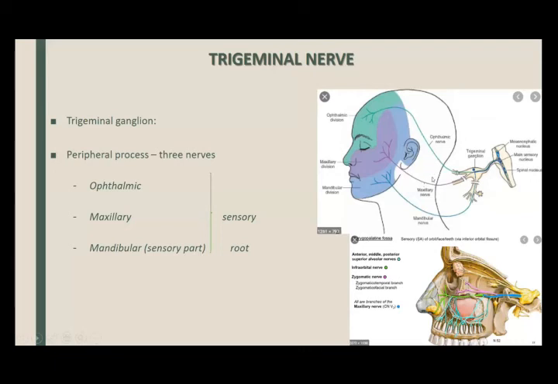Cutaneous nerve innervation is sensory sensation. So sensations from these areas are carried by the ophthalmic, maxillary and mandibular divisions to the trigeminal ganglion.